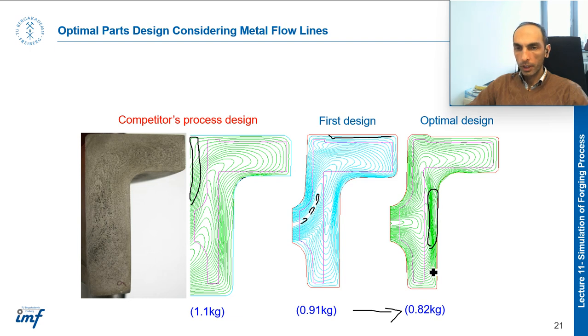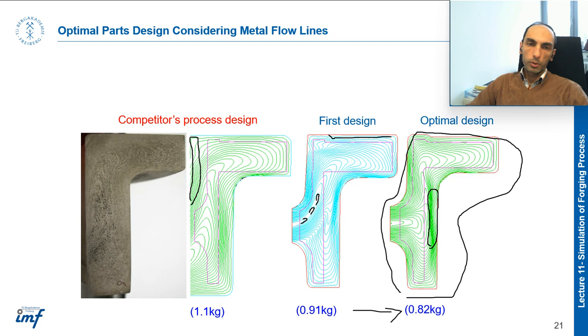But if you look at the part which remains after machining and compare with this one, you can see that you have a more homogeneous distribution of metal flow line in this design. So this is another story of optimization in forging, or another example I can say.